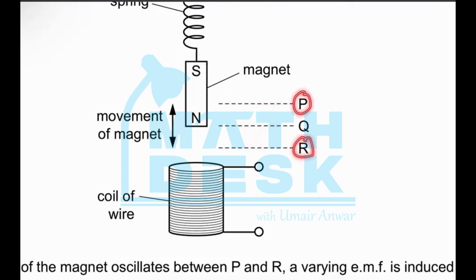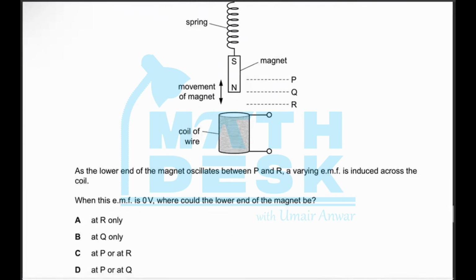When it changes its direction, it reverses its direction of movement. So stopping for a moment causes the EMF to be equal to 0 volt. And when the magnet keeps moving, the EMF is not 0.